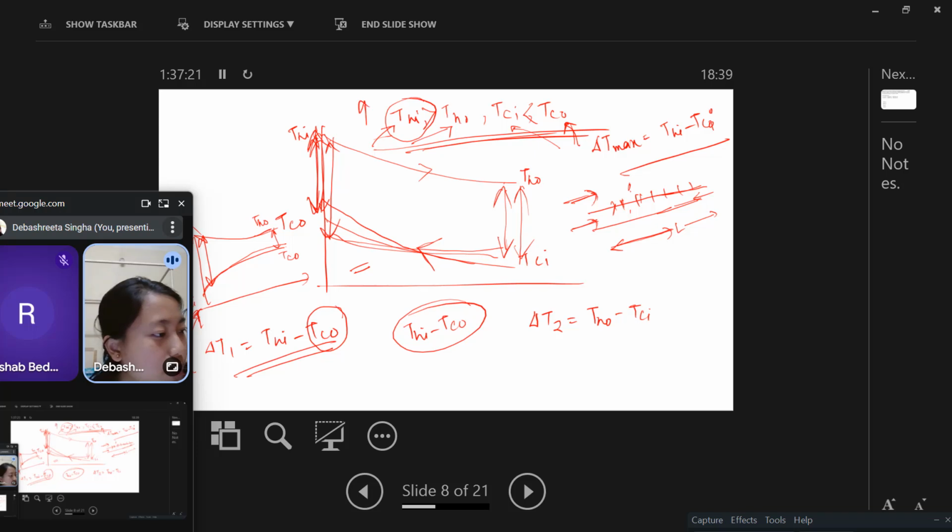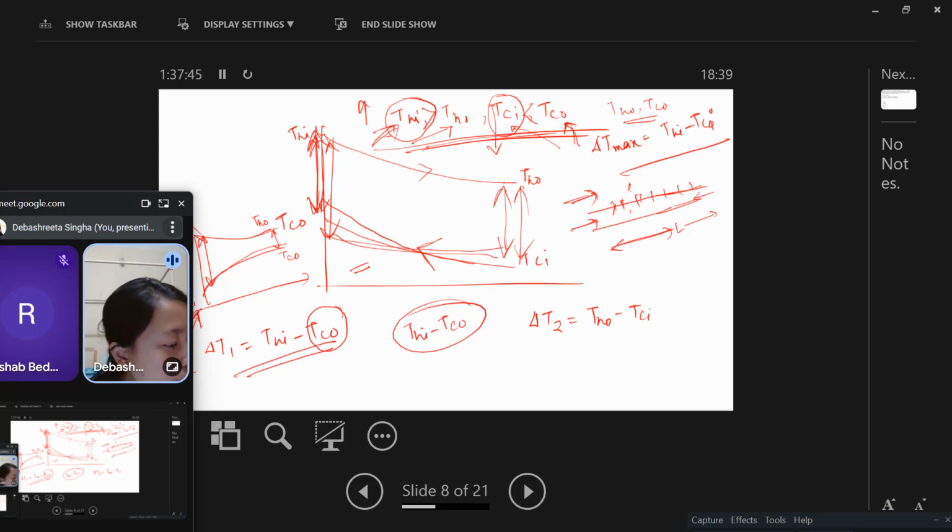Thi is the maximum, and Tci is the lowest temperature among all four. We are not quite sure about Th naught and Tc naught, okay? But definitely Thi is the highest temperature and Tci is the lowest temperature of any heat exchanger.